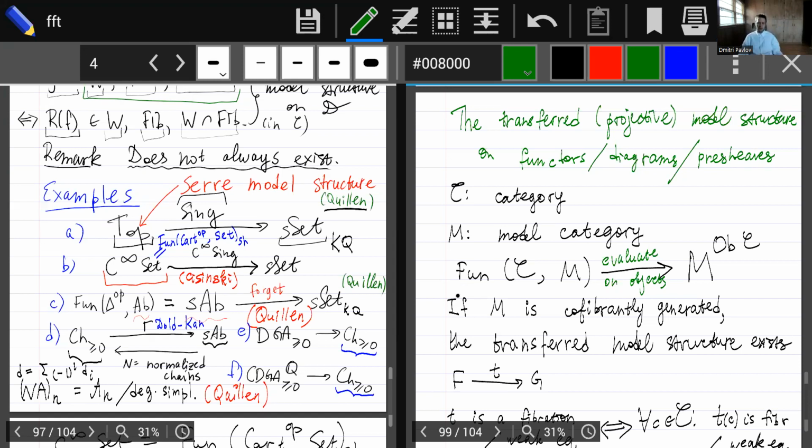To specify a module over a commutative ring, you have to specify a commutative ring and a module, so two different sets must be specified: the underlying set of a commutative ring and the underlying set of a module. So the category of modules over commutative rings is a two-sorted algebraic theory. Here, it's a many-sorted algebraic theory where you have as many sorts as objects in C.